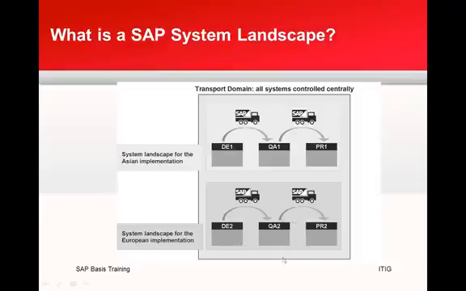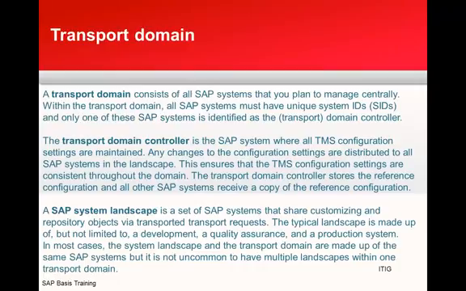This is another transport domain, with the systems of the European implementation. Within the transport domain, all SAP systems must have a unique ID, and only one of these SAP systems is identified as the domain controller.